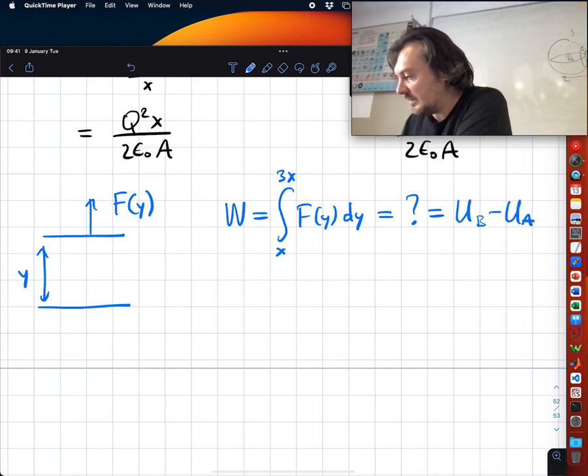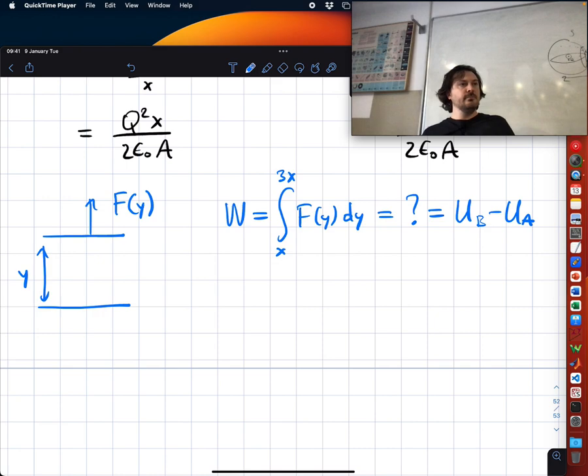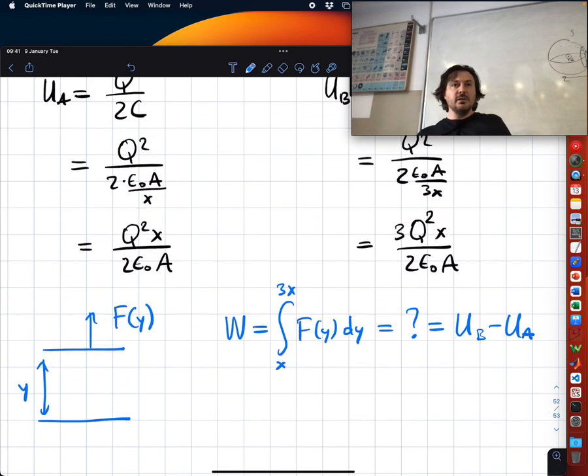Does it look like a plan to you? Do you understand what's going on? Should I repeat myself? I'm doing the same problem. I start from x and I go to 3x, but this time I'm going to find the work done. My first step is to find the force that I need to apply at any distance y.